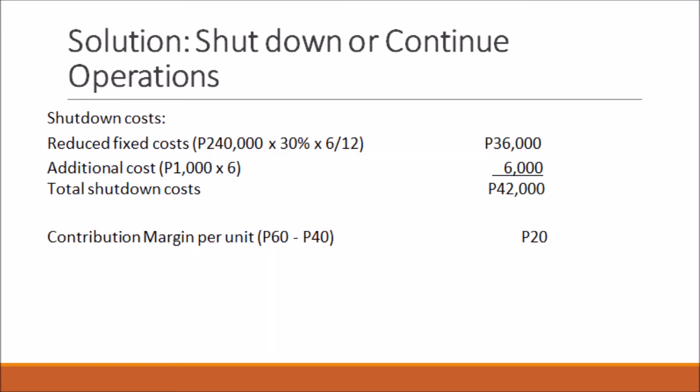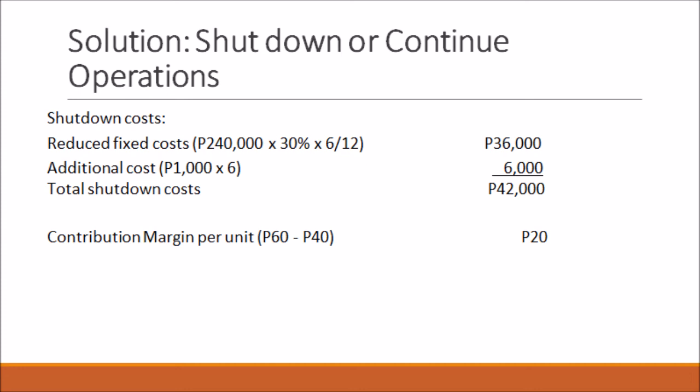The shutdown cost is the reduced fixed cost. So it's 240,000 annual fixed cost times 30% of it times 6 over 12, since we're just considering the 6 months, and so we'll get 36,000 pesos. Now the additional cost is 1,000 times 6 months, 6,000. Getting the sum, we'll get a total shutdown cost of 42,000 pesos.